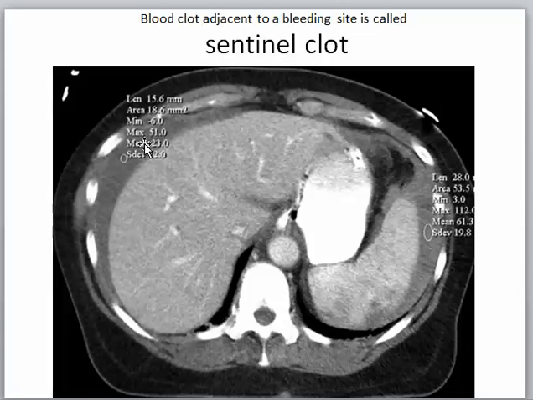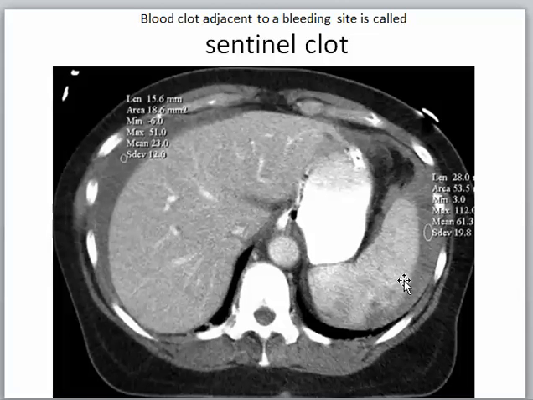The collection here is 60, while here is 23. 61 in this area and the 23 in this area. That means blood is collecting in this side.